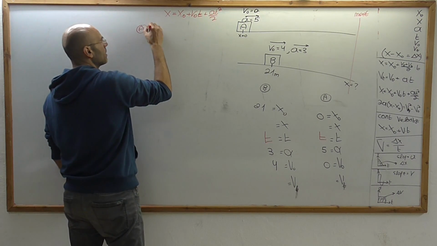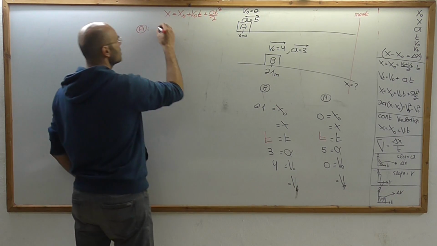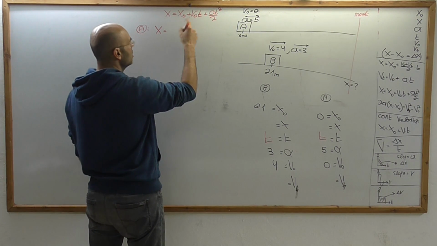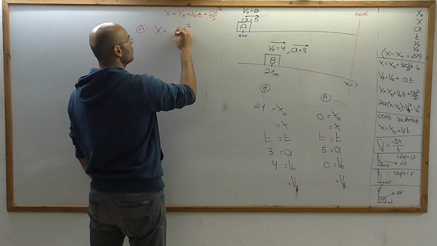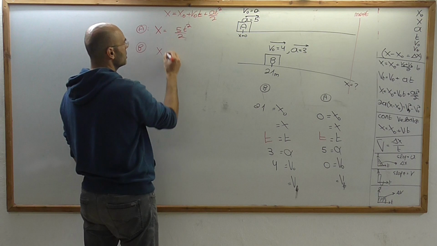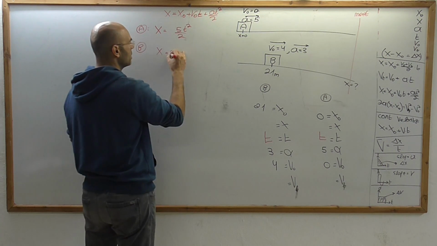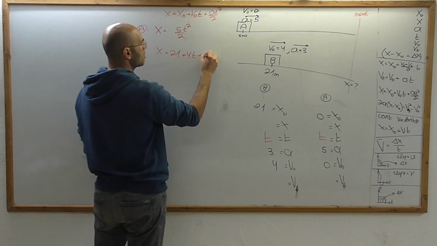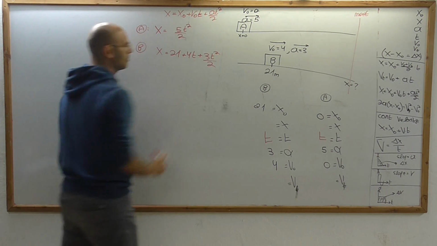So for car A, I'll write x equals 0 plus 5 t squared over 2. For car B, I will get x0 is 21 plus 4t plus 3t squared over 2.